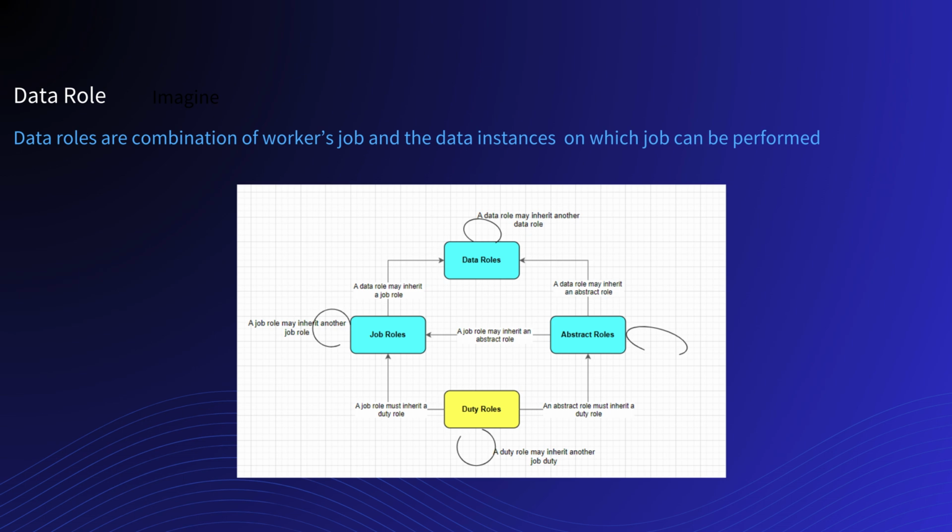Duty roles can be our list of all the tasks or privileges, basically, and can inherit from another duty role, and duty roles are assigned to the job role. If you see the arrow going towards the job role, the duty roles need to be assigned to the job role, and then the job role needs to be assigned to the data role. That's how the whole formation of the roles will work together.